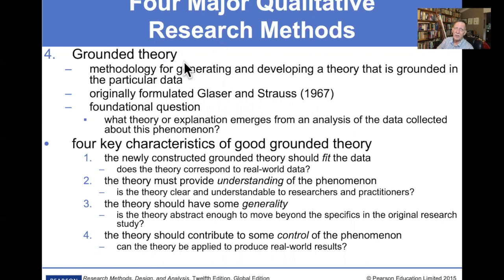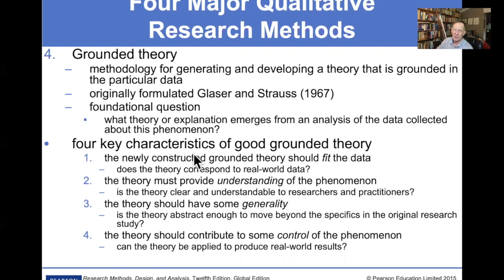Grounded theory in qualitative research was originally formulated by Glaser and Strauss. That's important to remember because they are the two major proponents. The foundational question is: what theory or explanation emerges from an analysis of the data collected about this phenomenon? Grounded theory is grounded in empirical data.